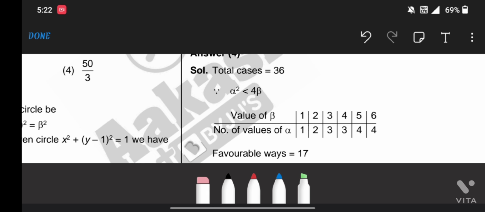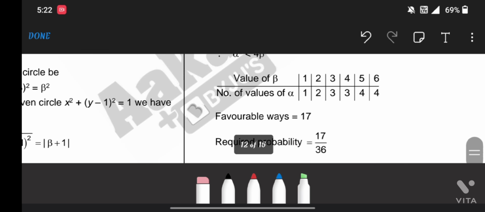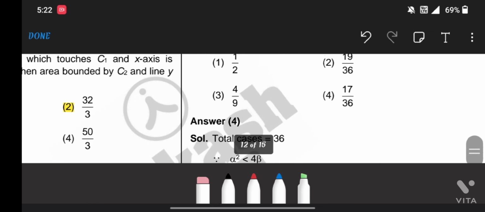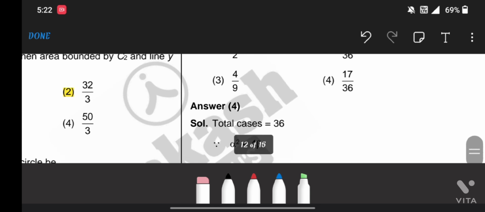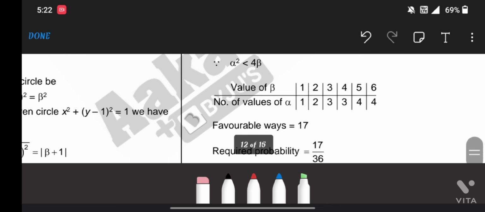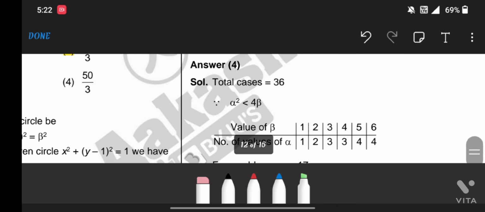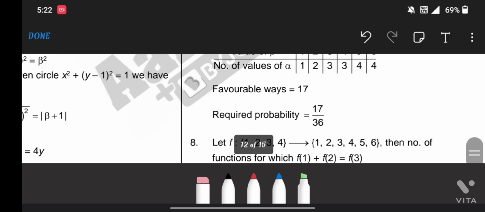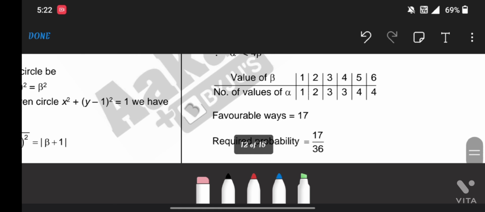Next, moving on to question number 9. Here they have given that the argument of z is equal to 1 plus e to the power i 6 pi by 5. Now z is equal to 1 plus e to the power i 6 pi by 5.